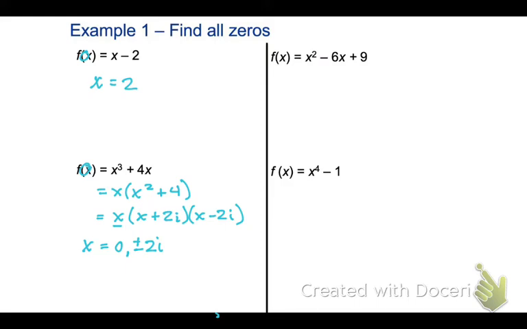Now, if you don't remember it factors that way, is that okay? Yes. Can I set this equal to 0 and solve just this? Could I do x squared equals negative 4? I do that, and then I take the square root of both sides, and I get what? Plus or minus 2i. But when you take the square root, don't forget your plus or minus.